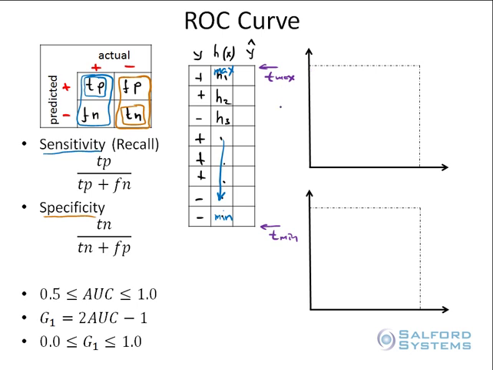As I'm doing that experiment, I'm also going to plot my sensitivity over here and my specificity over here. So again, I start with 0, here's a 1.0, here's a 1.0, and my sensitivity can be between 0 and 1, and my specificity can be between 0 and 1.